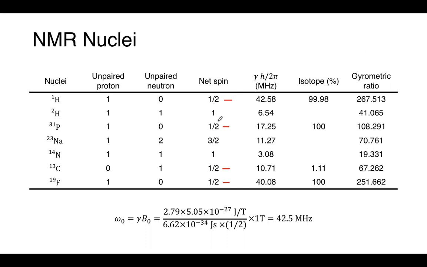Deuterium is used as a kind of a mask. What I mean by that is, if you change the hydrogen atoms in your molecule with deuterium atoms, then by and large, you haven't changed the chemical identity of the molecule so much. You changed the kinetics for sure, but you haven't changed the chemical identity.